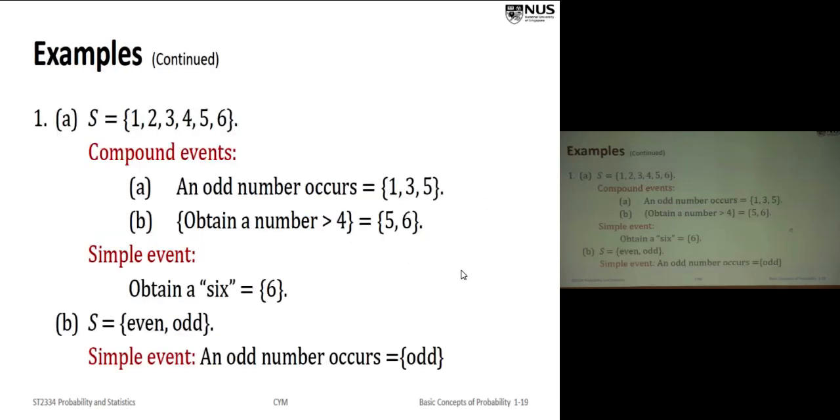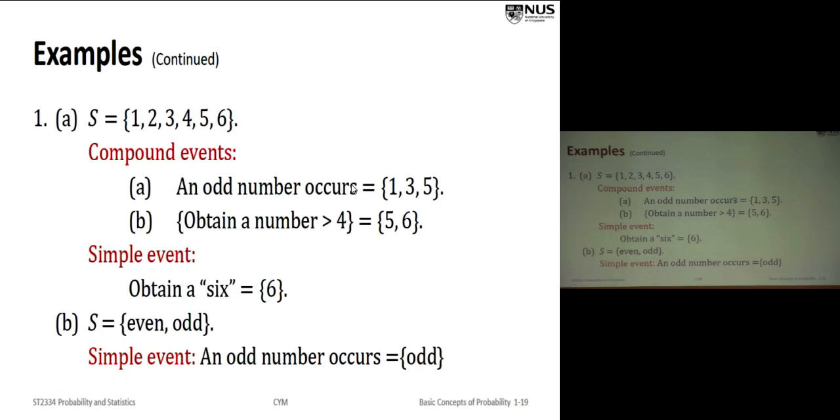Okay, so let's have a look at the examples. Hopefully these examples at least make things clear, even if you're not excited about them. Remember example 1: you roll a die and get 1, 2, 3, 4, 5, 6. We look at two scenarios, compound events and a simple event. For the compound event, we look at the case where an odd number occurs.